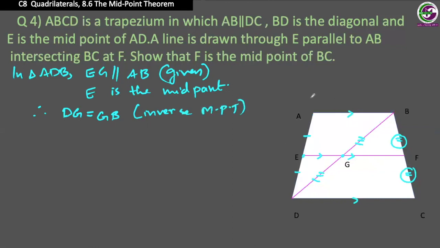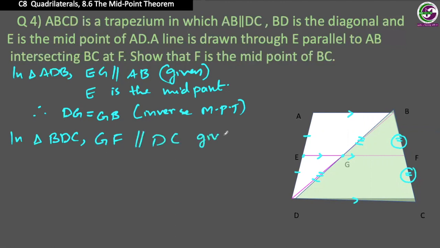Next, we have to consider the second triangle here. In triangle BDC, we can find that GF is parallel to DC, given to us, and DG is equal to GB from above.